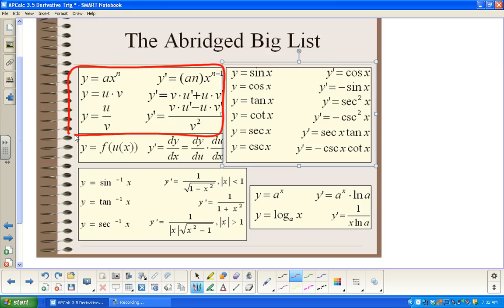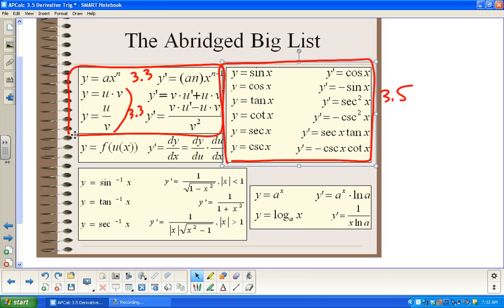This is section 3, and this is 3.3. These are also section 3.3. So that whole first box is section 3.3. This is section 3.5. Before we take a test, we will also be doing section 3.6. Don't freak out yet. There's plenty of time for freaking out later.